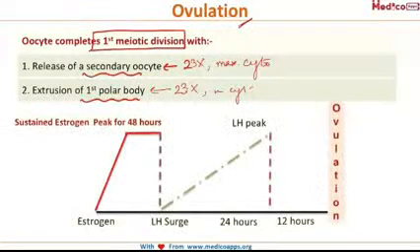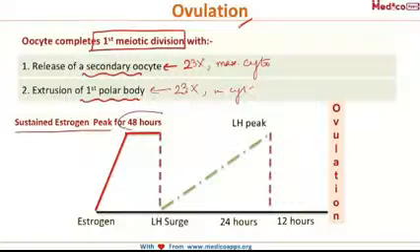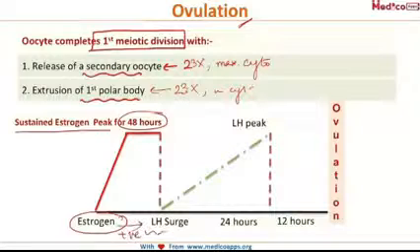And the basic thing that is required for this ovulation to occur is a sustained estrogen peak for around 48 hours. Because I told you that this estrogen has a positive feedback action on the LH, and thereby it will lead to LH surge. So, with a sustained peak of estrogen, the LH starts rising, and this LH peaks in another 24 hours.